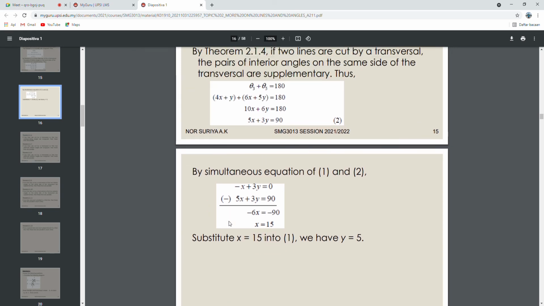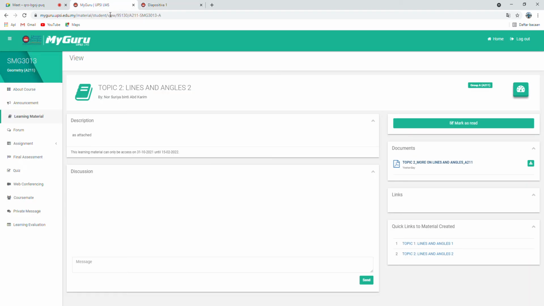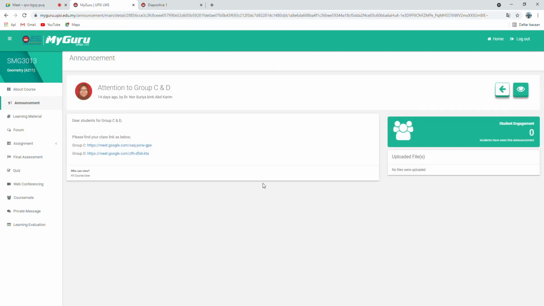When we talk about supplementary, the sum of both angles equals 180 degrees. So theta 3 plus theta 5 equals 180 degrees: 4x plus y plus 6x plus 5y. Then we solve it and get 5x plus 3y equals 90.